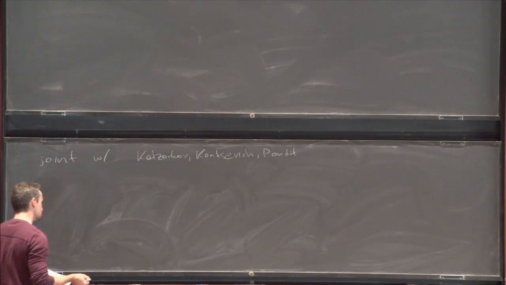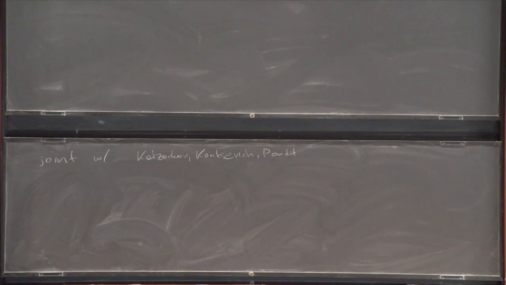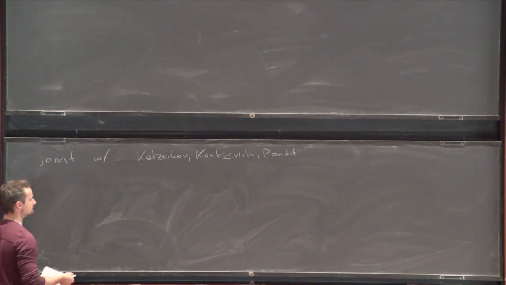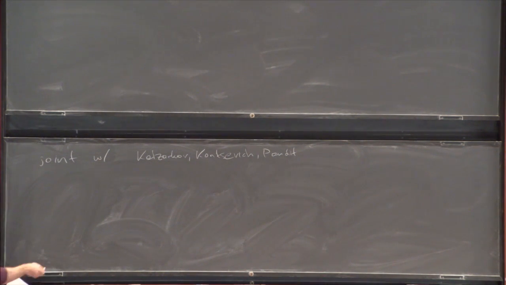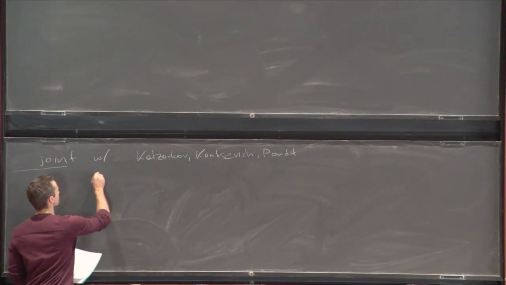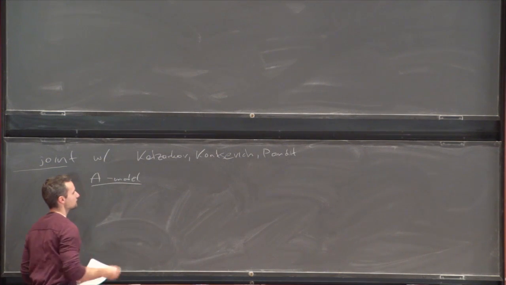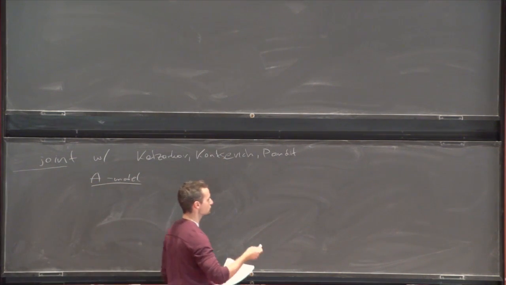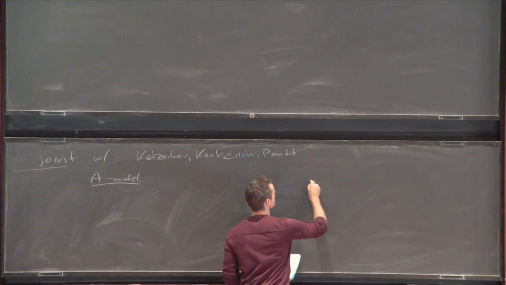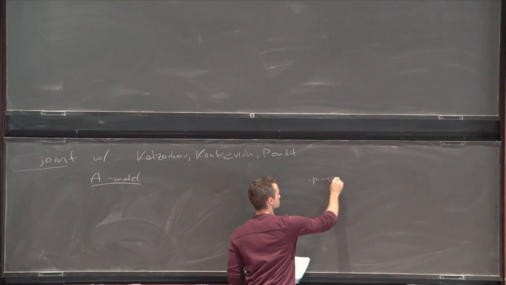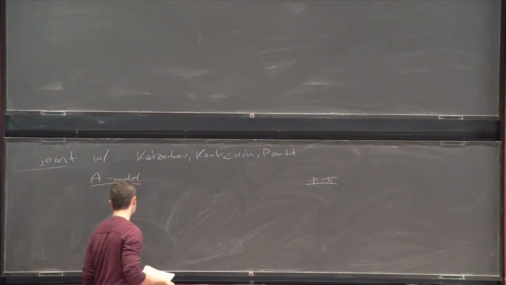The question we were thinking about is how to make sense of notions of Kähler geometry in a categorical context, so for Calabi-Yau categories and derived categories. In particular, I want to give some sort of parallel between the A model on one hand and a toy model for it, which is quiver representations.